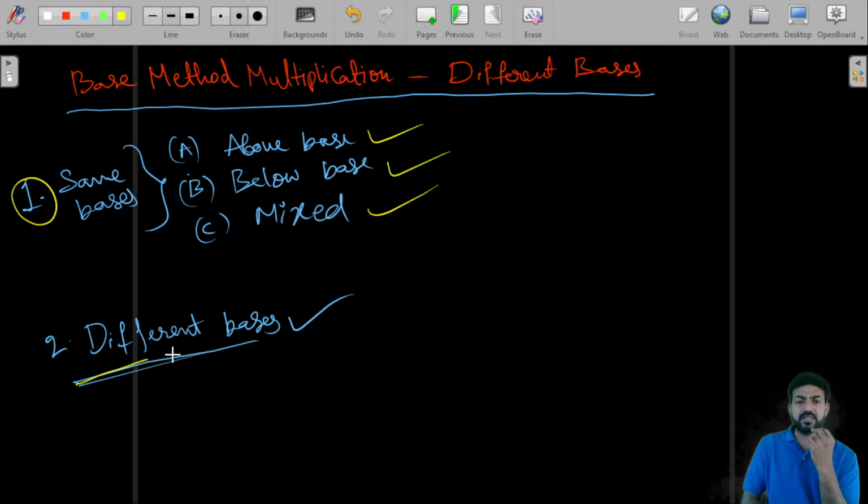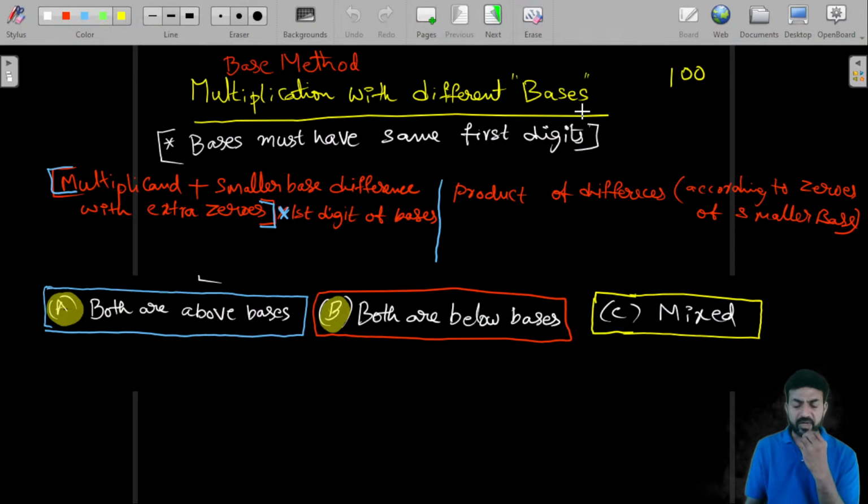In different bases also, we will have three cases: above base, below base and mixed. So multiplication with different bases must have the same first digit. Here is the same process with very little changes.